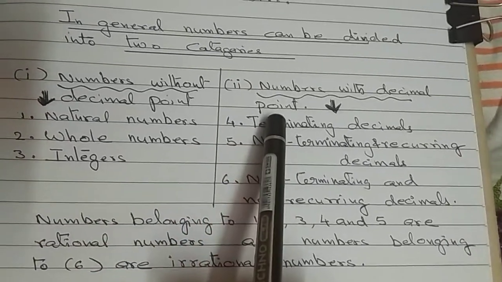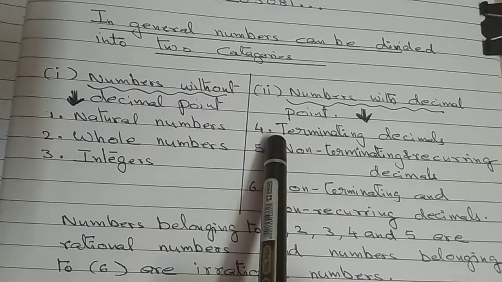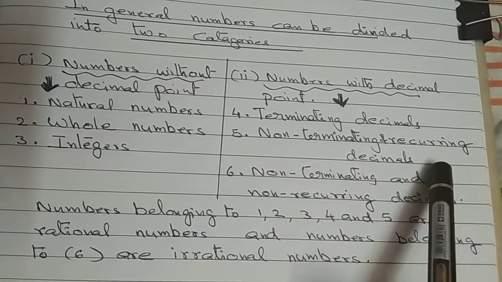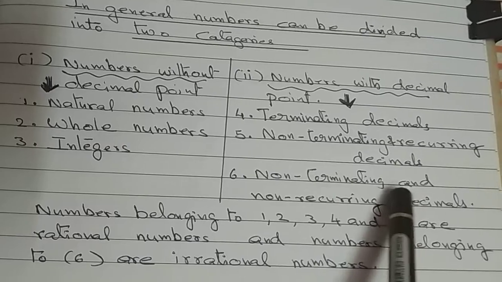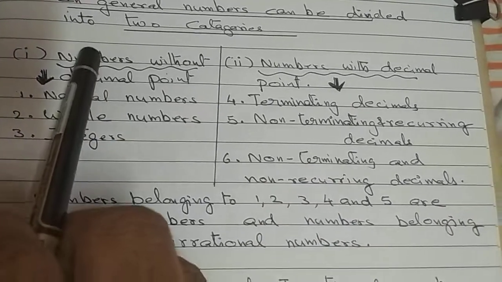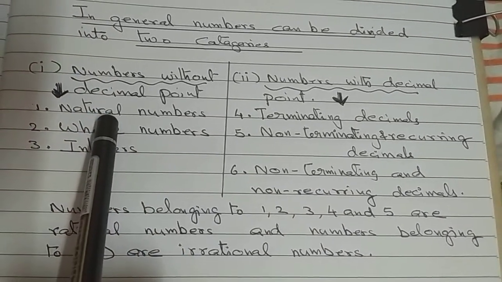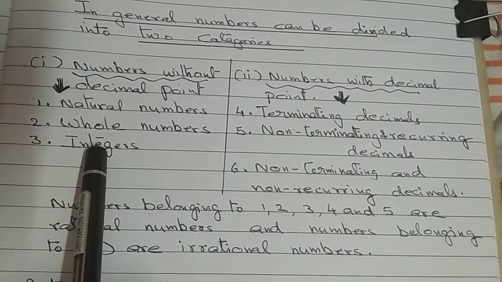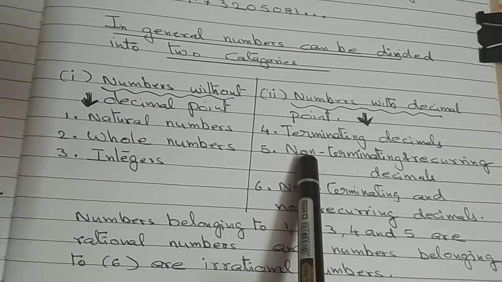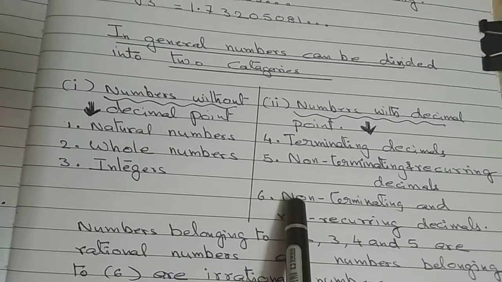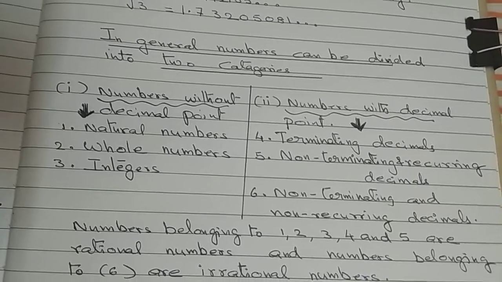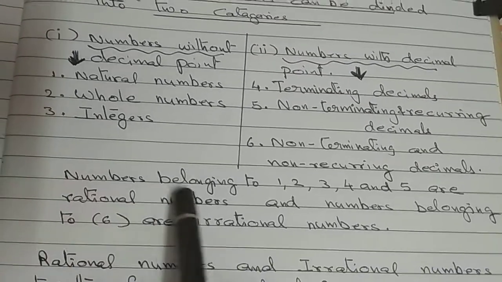And the second category, numbers with decimal point, can be terminating decimals, non-terminating recurring decimals, and non-terminating and non-recurring decimals. First category: natural numbers, whole numbers, integers. And the second category: terminating decimals, non-terminating recurring decimals, non-terminating and non-recurring decimals.